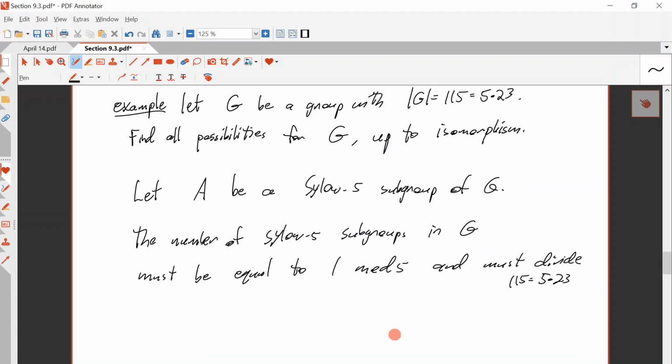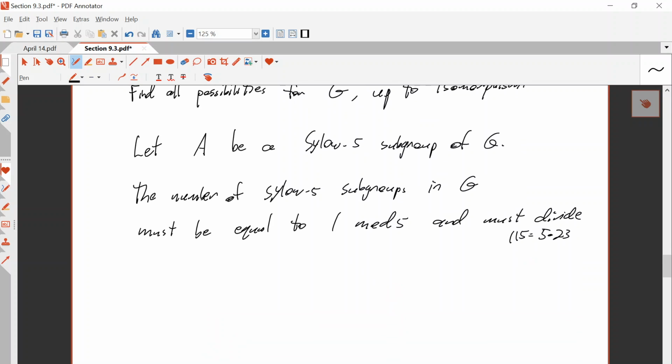So the number of Sylow 5-subgroups, the only possibilities are 1, 6, 11, 16, 21.